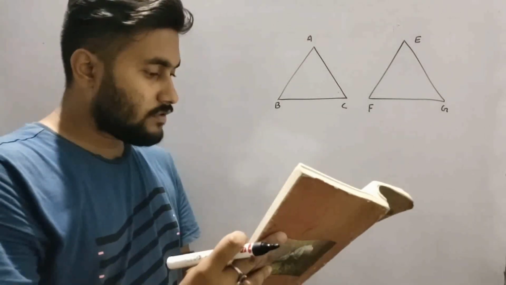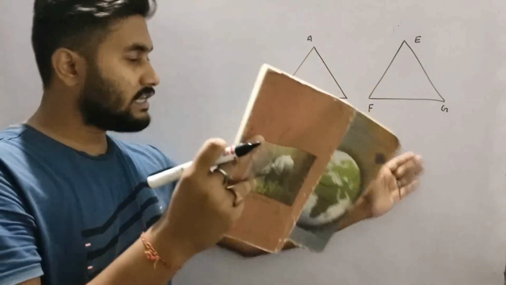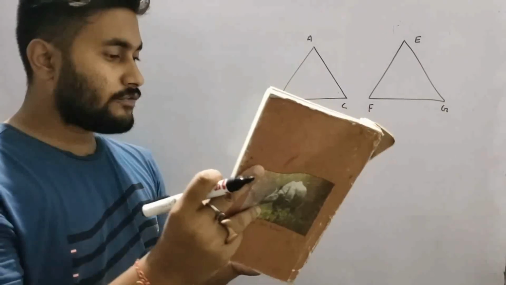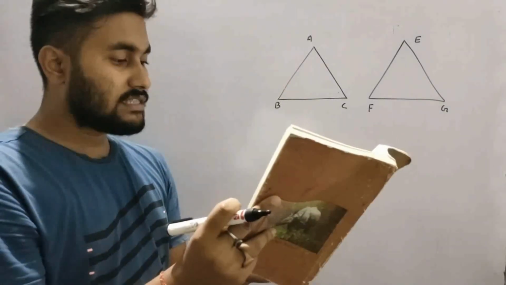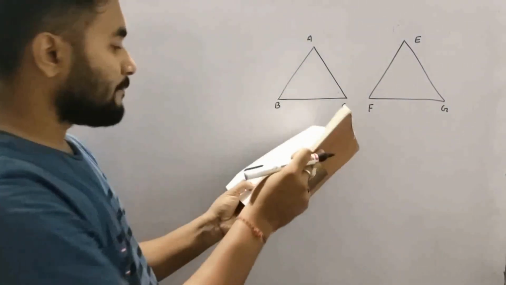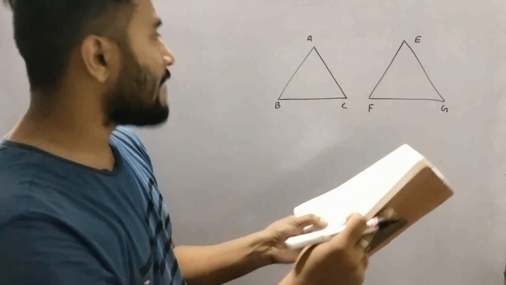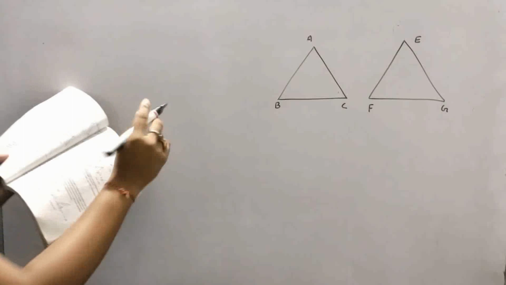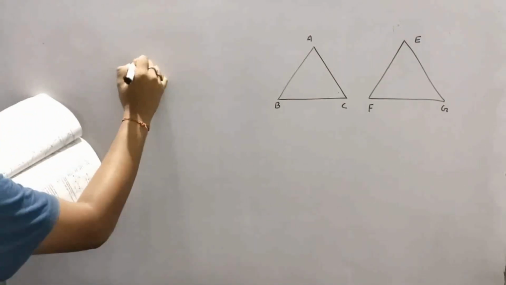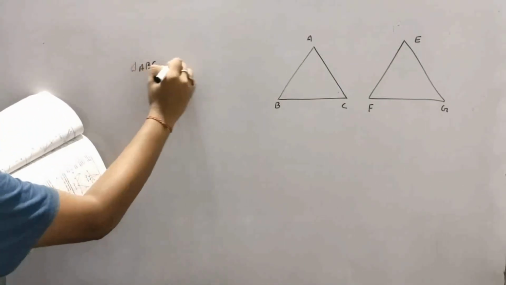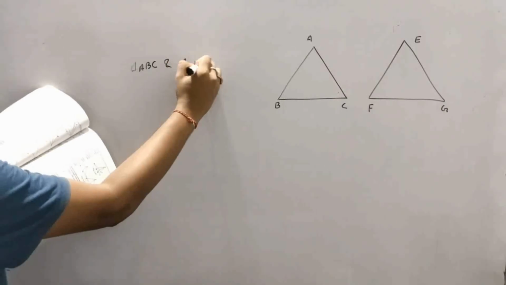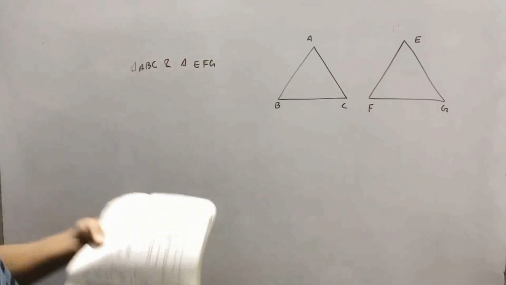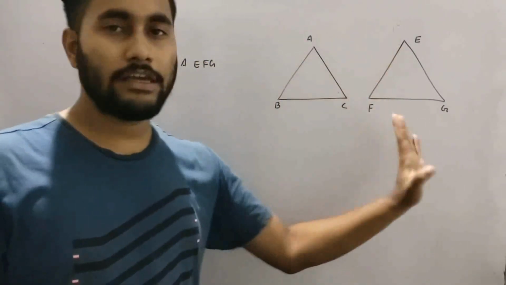On the side AB and FE of triangle ABC and triangle EFG. If triangle ABC is similar to triangle FEG. Okay, now this part you see, important part. At first they have written triangle ABC and triangle EFG, so in that way I have drawn the diagram ABC and EFG.